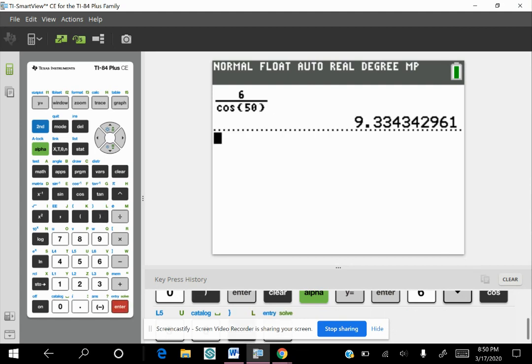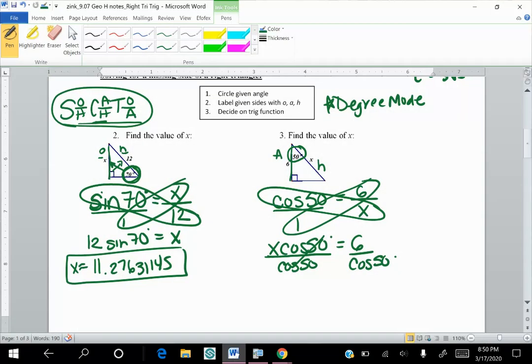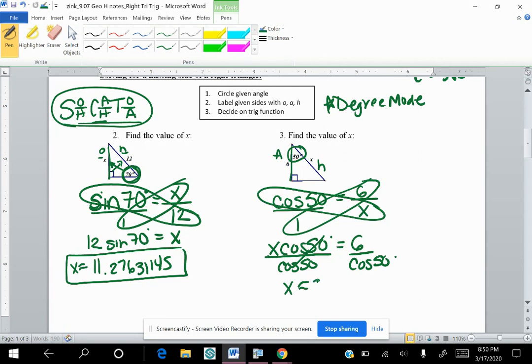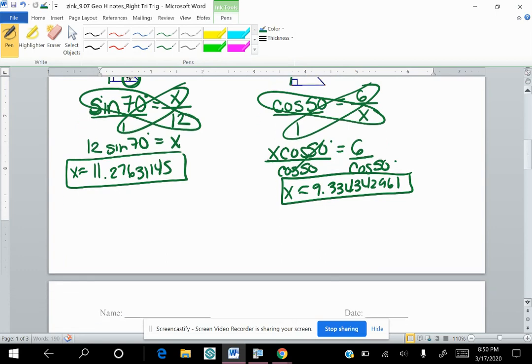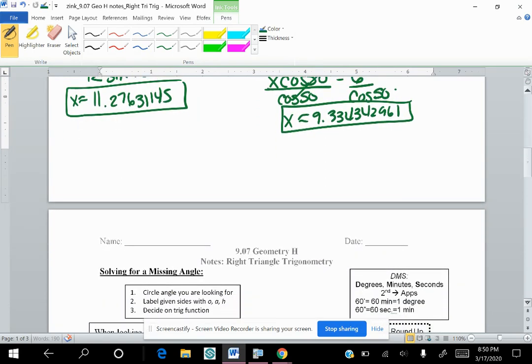Always good to be using that alpha y equals key. And then you're going to write that whole decimal out on your paper. It doesn't say to round, so you're going to just leave it as is. So that right there is how to find a missing side.